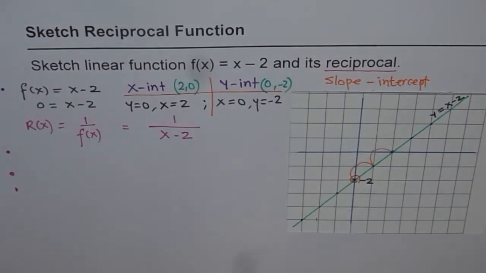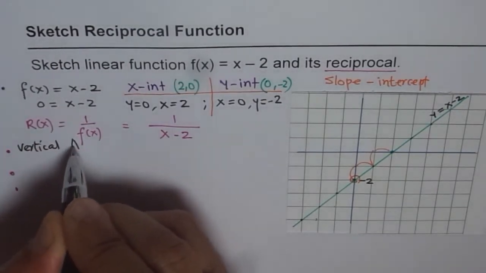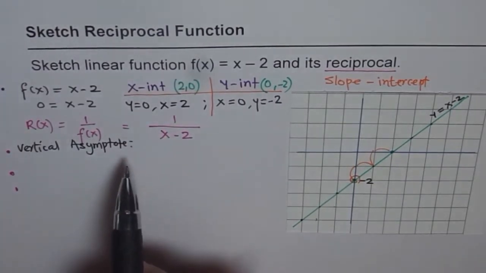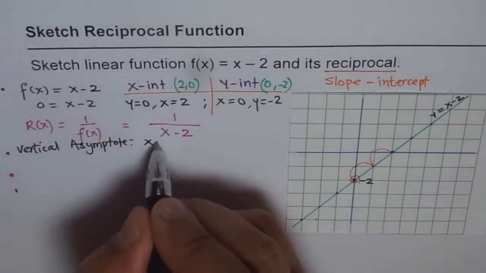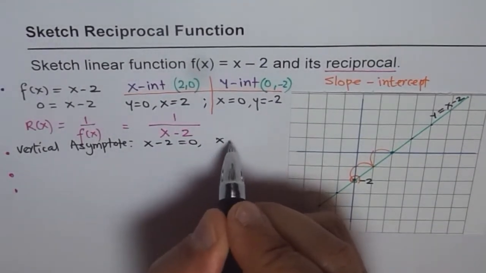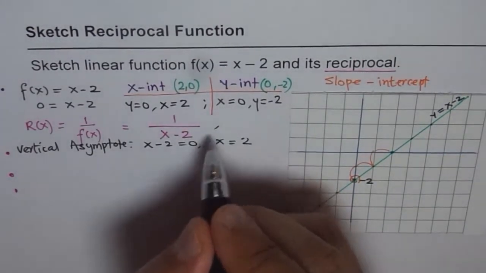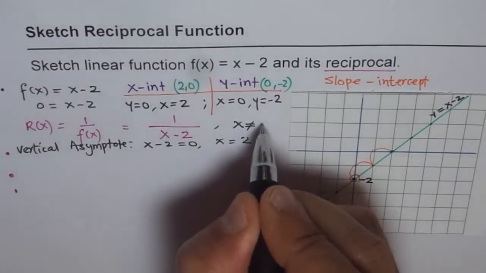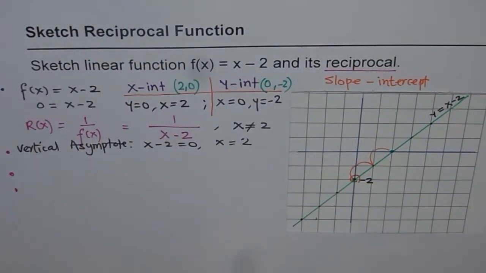One of them is the vertical asymptote. The vertical asymptote is where the denominator is 0. That means x - 2 = 0, so we have it at x = 2. This is not in our domain, and the reciprocal function has a restriction that x cannot be equal to 2, since if x equals 2 the denominator is 0, and 1 over 0 is not defined.